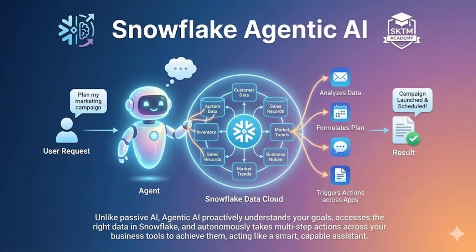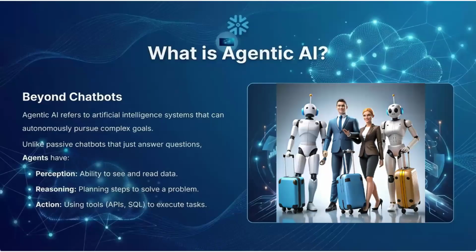Snowflake is one of the unique solutions for this. Why is it different from other tools in this agentic AI space? It comes with its own infrastructure. A chatbot does not have the ability to read and see the data in clear vision, which is called perception, but agents have that.